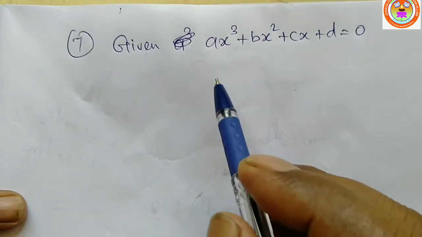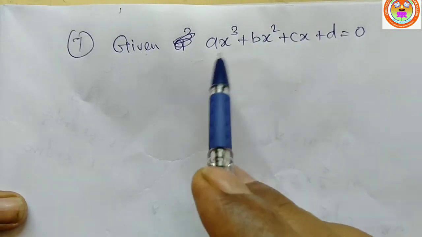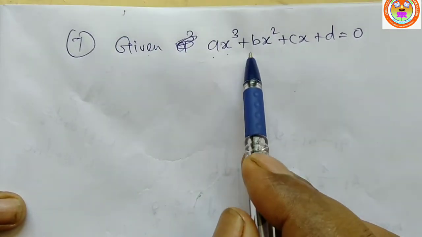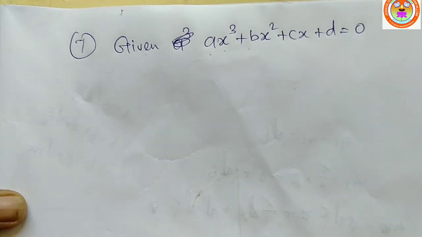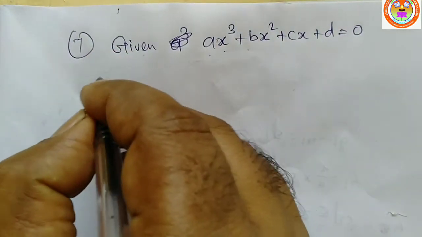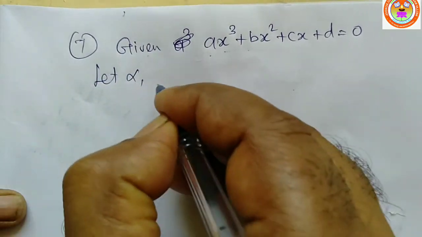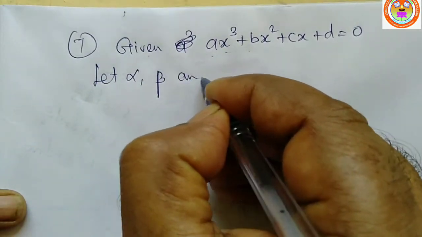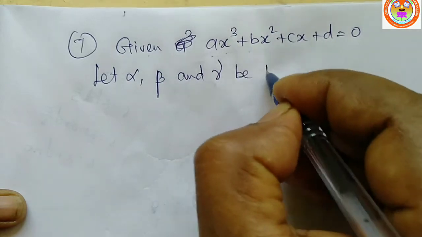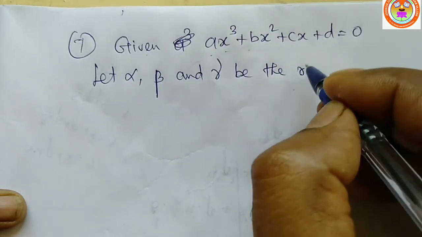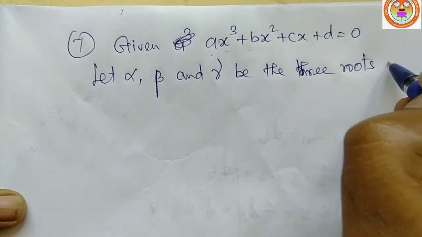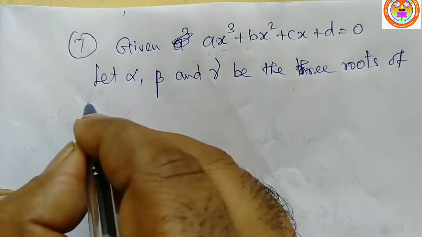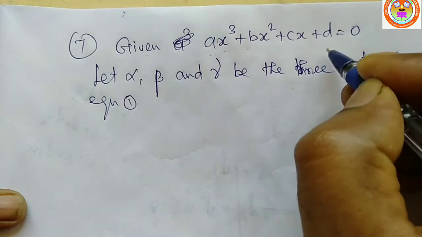Given that the cubic equation ax cube plus bx square plus cx plus d is equal to 0. Let alpha, beta and gamma be the 3 roots of this equation 1.